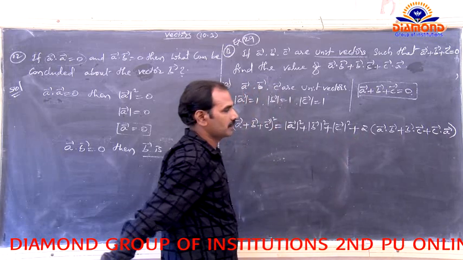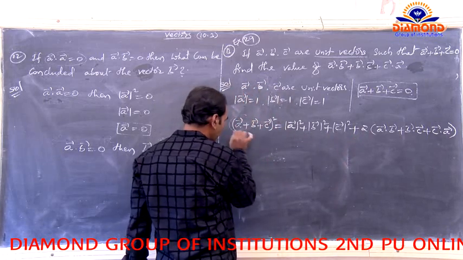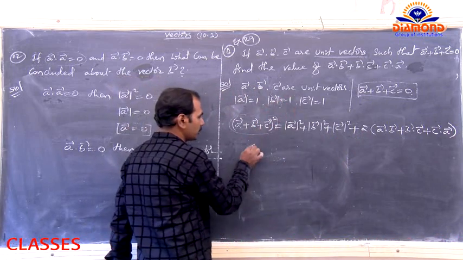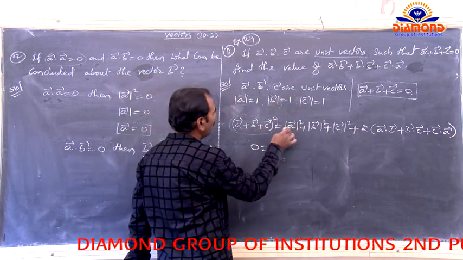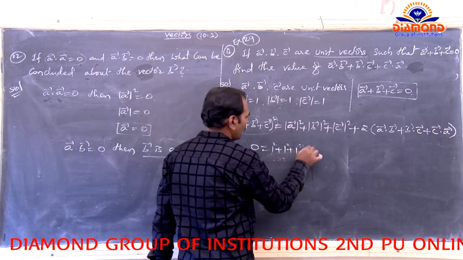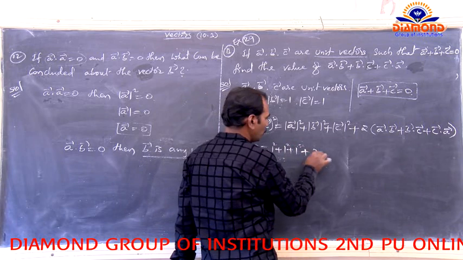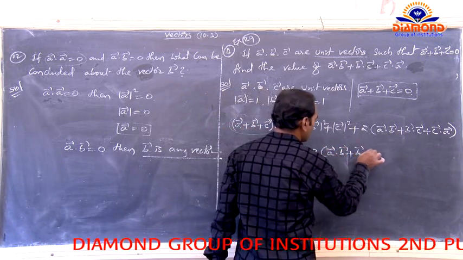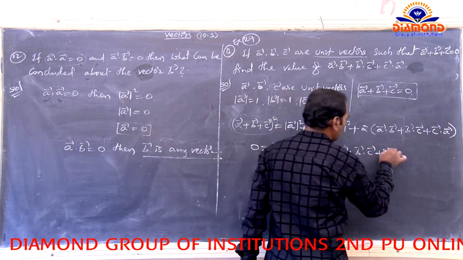Here the total on the left is 0, and 0 square means 0. So 0 equals 1 square plus 1 square plus 1 square plus 2 into (A bar dot B bar plus B bar dot C bar plus C bar dot A bar).